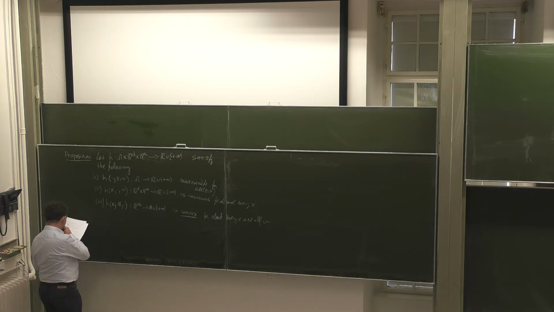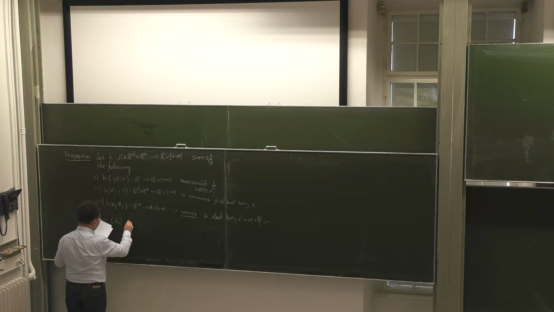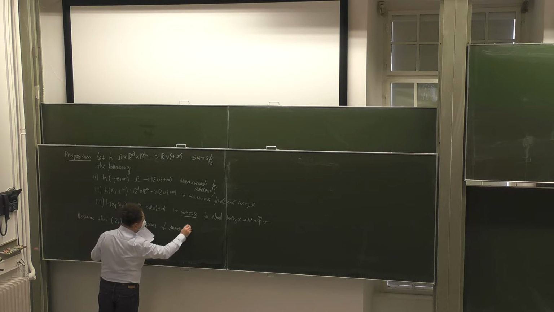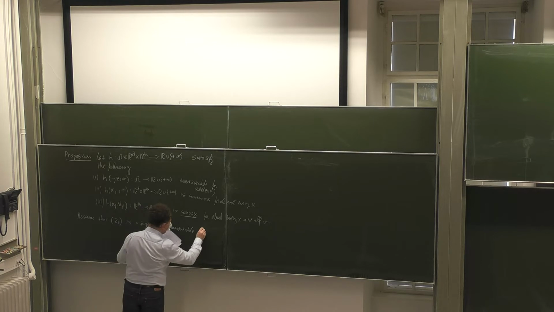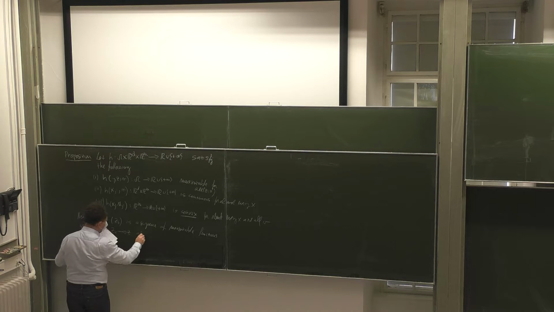So now assume that you have z_k, a sequence of measurable functions such that z_k goes to z almost everywhere.